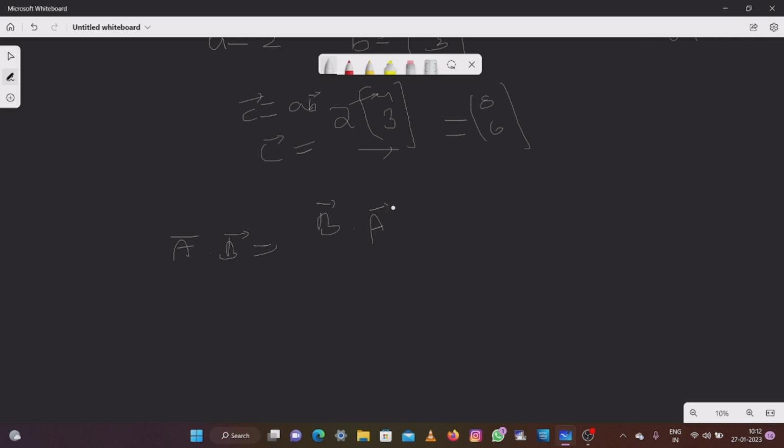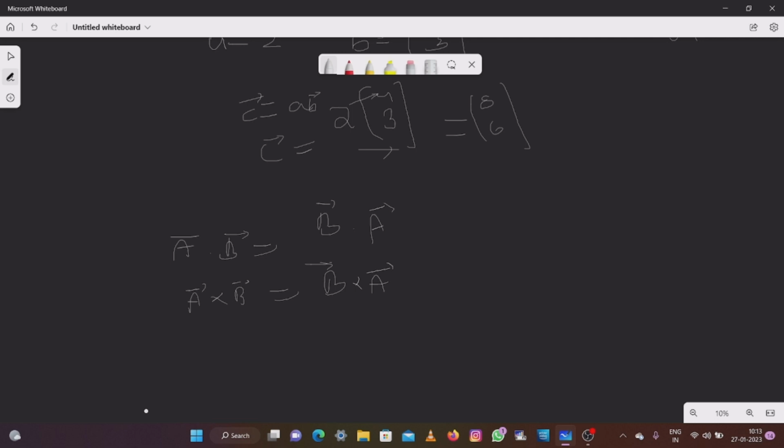And the next property is a into b equals b into a. Like this there are some properties, like addition of vectors is commutative and associative, and the dot product of two vectors is a scalar and lies in the plane of the two vectors.